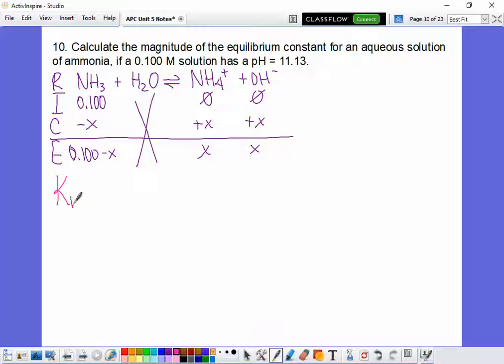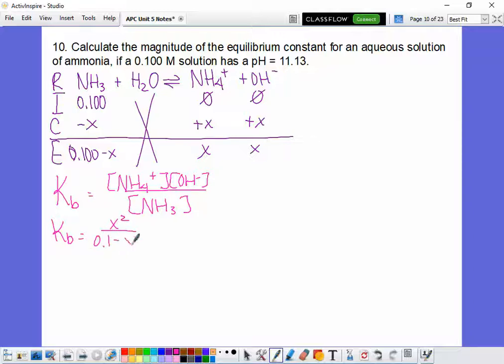B, because this is basic. NH4 plus times OH minus over NH3. All right. So Kb is equal to x squared over 0.1 minus x.